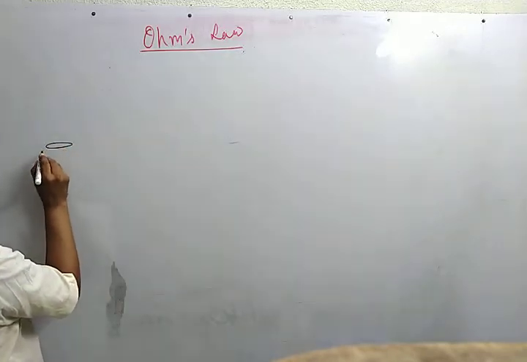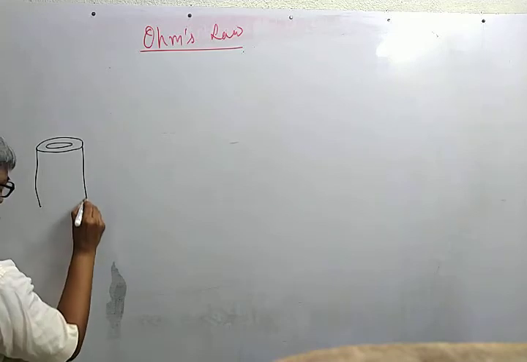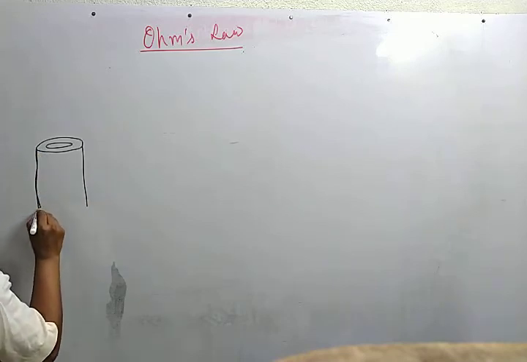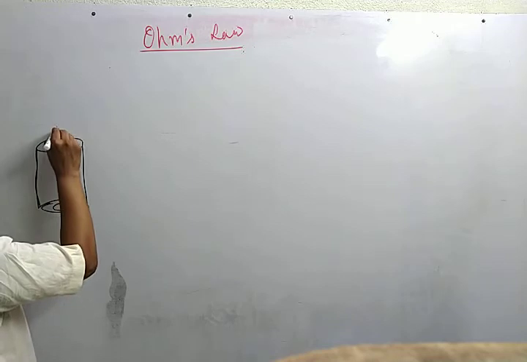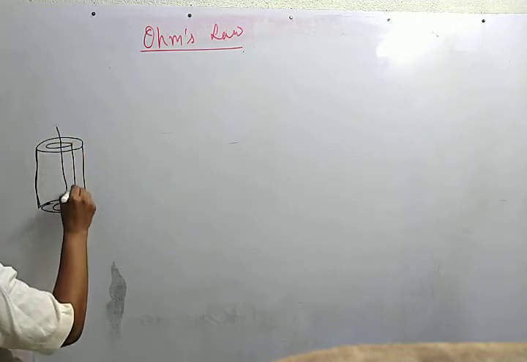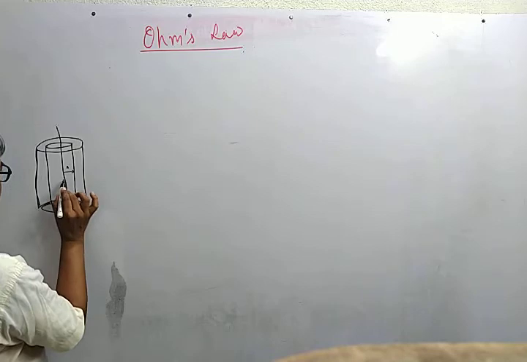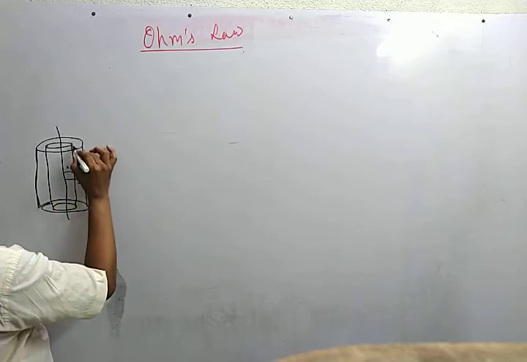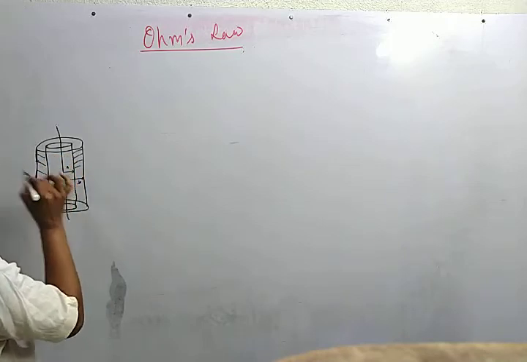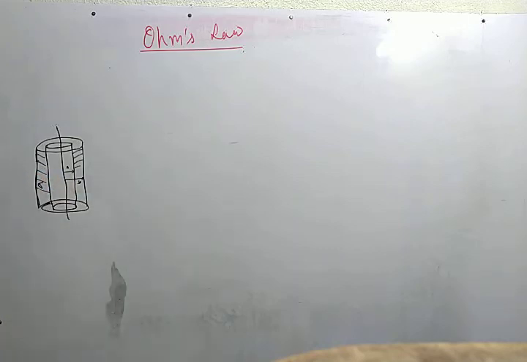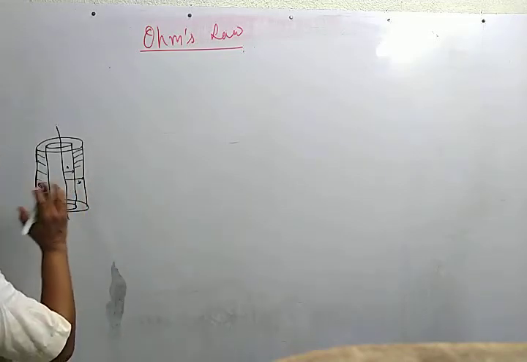We have a hollow cylindrical conductor which comprises an inner cylinder of radius A and an outer cylinder of radius B. This is the solid part, or the conducting part, which this hollow cylinder is made up of, a conductor of conductivity sigma, and the current is flowing from the inner to the outer cylinder.